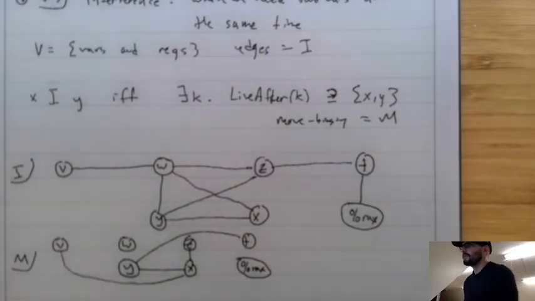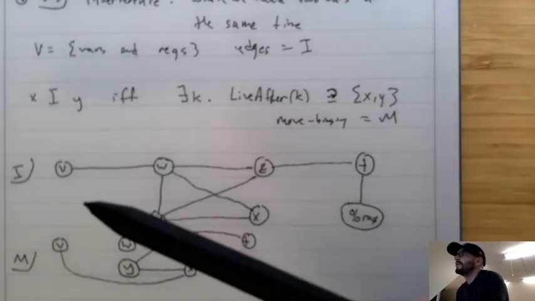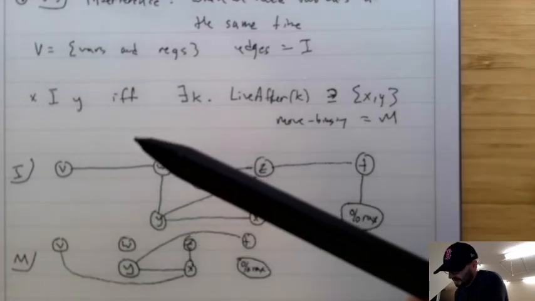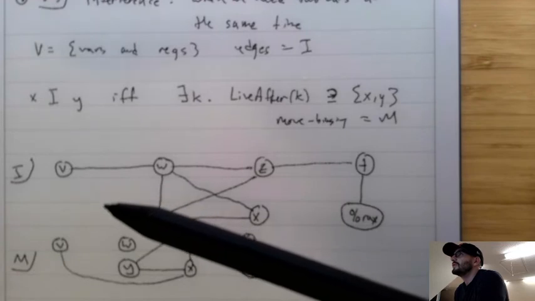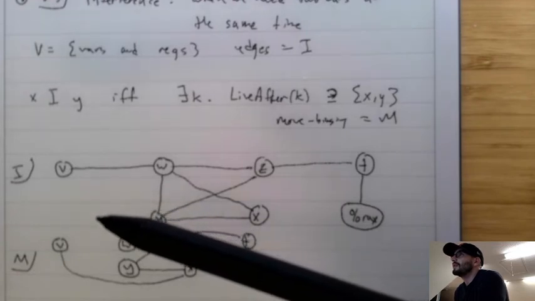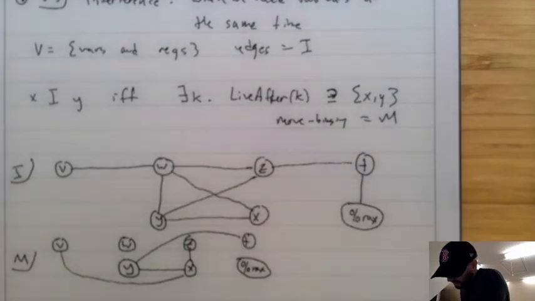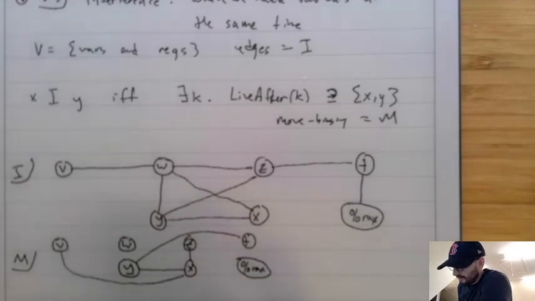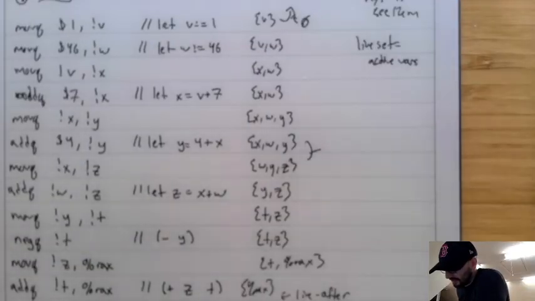Because in the third line we move v into x. Hold on, am I looking at the right thing? Okay, let me switch back and forth between these.